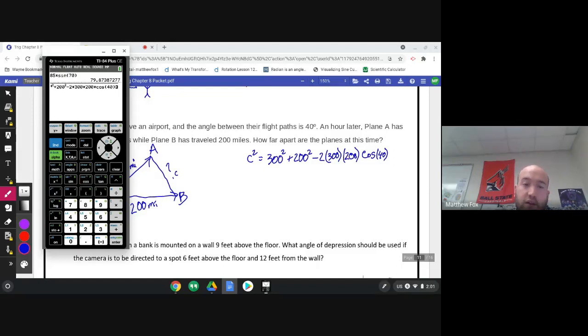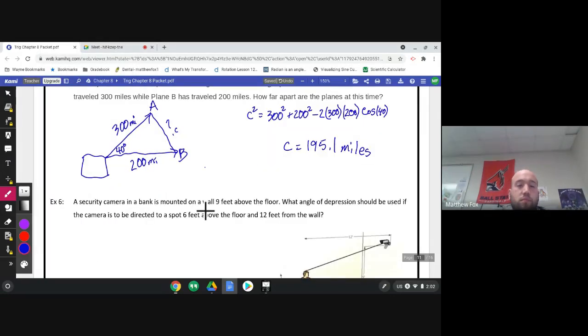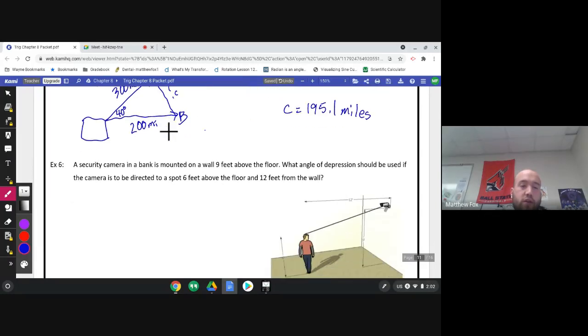Close that, hit enter, and as you can see, we are going to get C to be 195.1 miles. Okay. And that is how far apart they are. Right here.